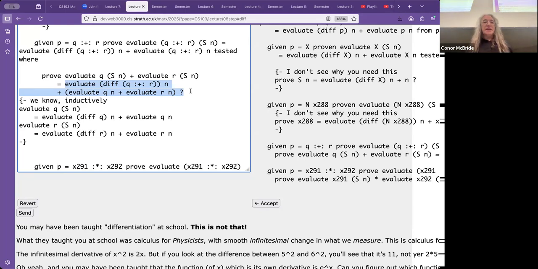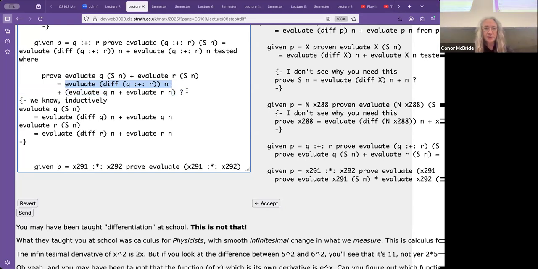And we also would like to see evaluate diff Q and then evaluate diff R, because we know we can define diff of Q plus R in terms of diff Q and diff R. So basically, the plan is to massage things so that we make this thing show up as part of what the difference has to be, and then whatever this is has to be whatever's not accounted for.